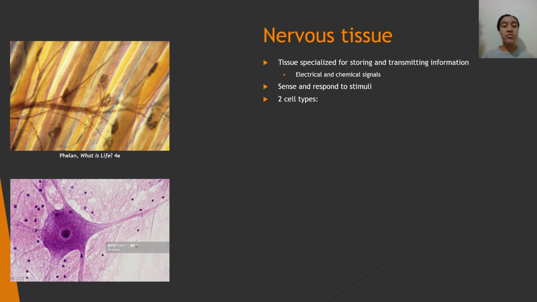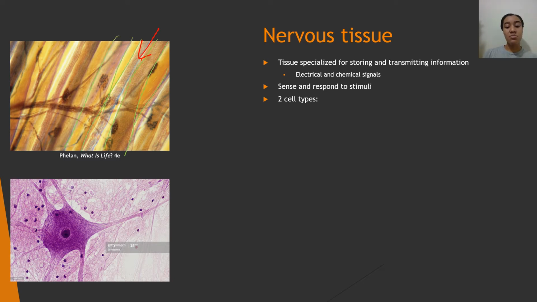So I mentioned before that neurons are directly connected to muscle fibers, skeletal muscle, and they allow for movement, right? This picture here is an example of that, where you can see all of these long yellow dense fibers at the bottom. These are all skeletal muscle fibers.